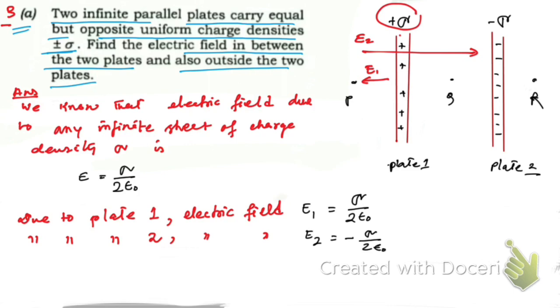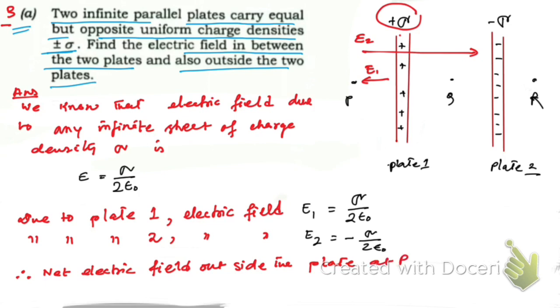So now the net electric field at P, the electric field outside the plates, will be given by E net, that means the resultant electric field, which is E1 plus E2.